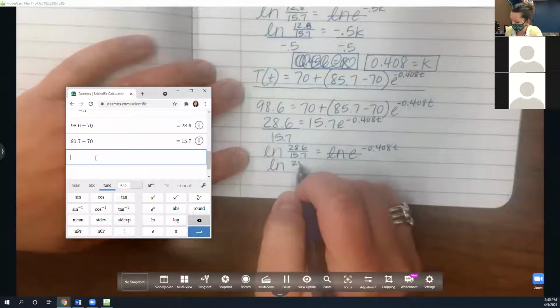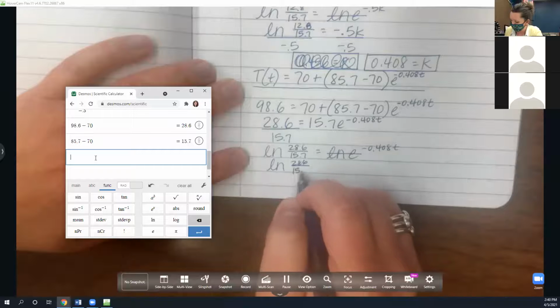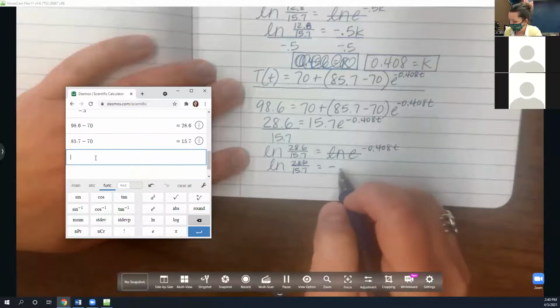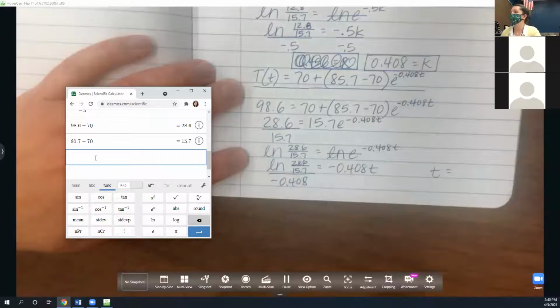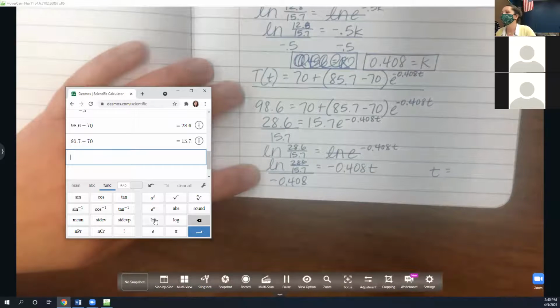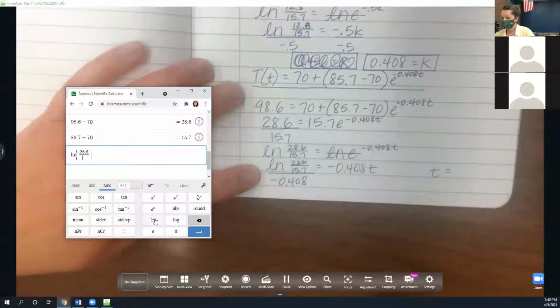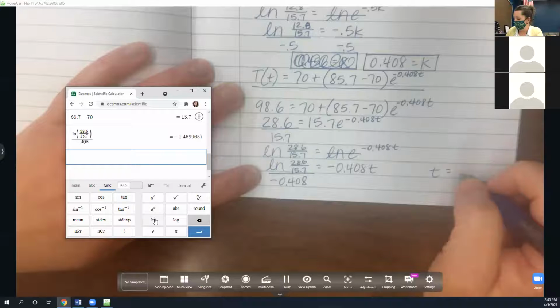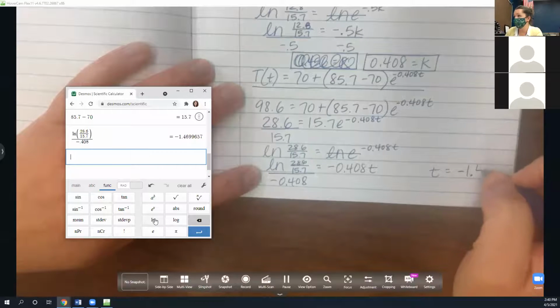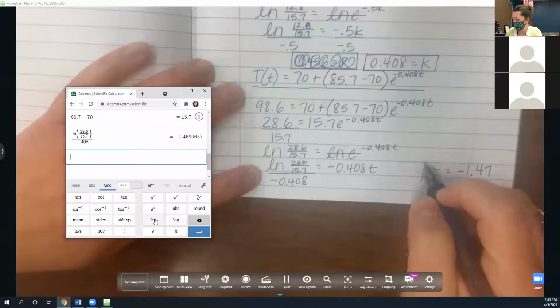I have the natural log of 28.6 divided by 15.7 equals negative 0.408 t, divided by negative 0.408. And let's see what our t is. All right, so we have a negative 1.47 as our t value.